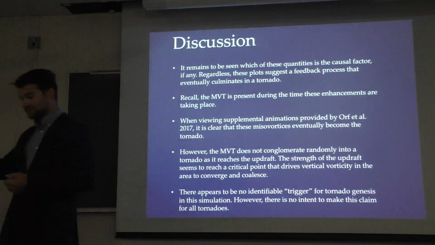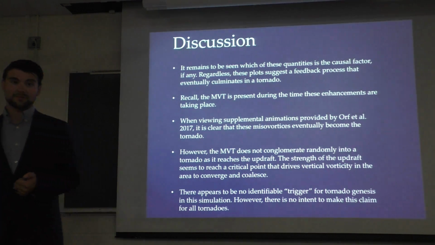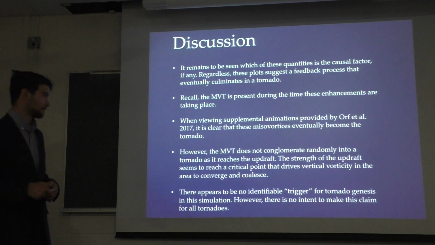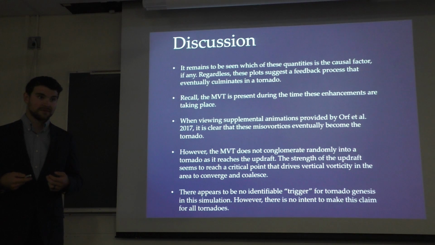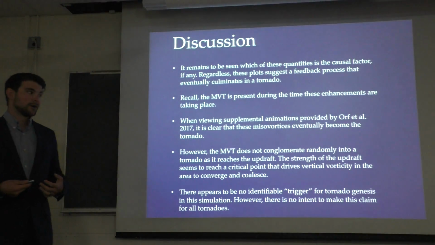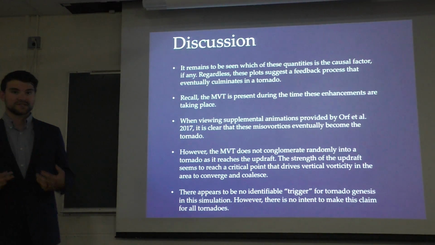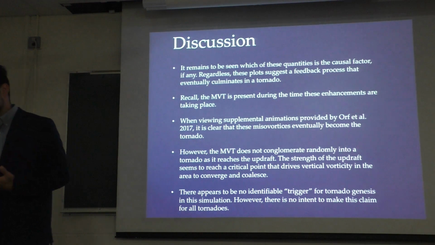If you view the supplemental animations provided with Lee's paper in 2017, it's very obvious that these vortices eventually become the tornado. I know it's harder to see when I'm giving you stills, but in the animations it's very clear.